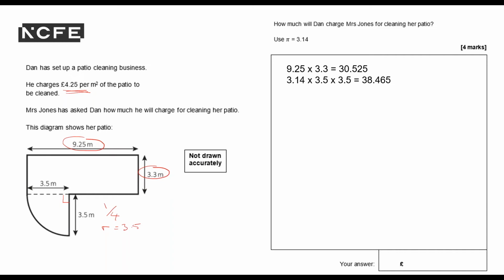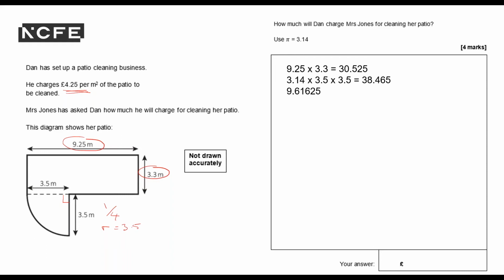And then if I divide that by 4, to give me a quarter, I get 9.61625. I'll write it in full, and then I can do any other rounding later on. So that's my circle plus my rectangle, I need to add them up.